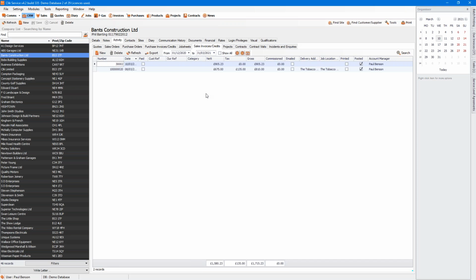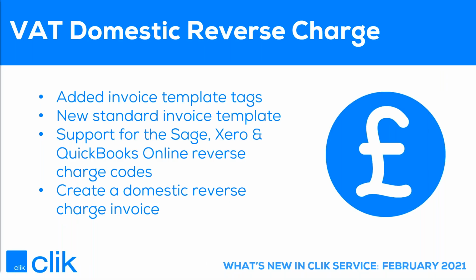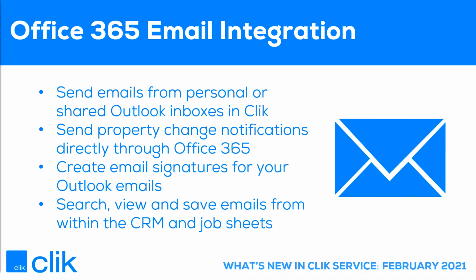So without further ado, we're going to move on to the Office 365 stuff. So that's going to be the exciting bit. So let's go on to that. So what we're going to first talk about is Office 365 email integration. We're going to talk about how you can send emails from a personal Office 365 email account, but also an Office 365 shared email account as well.